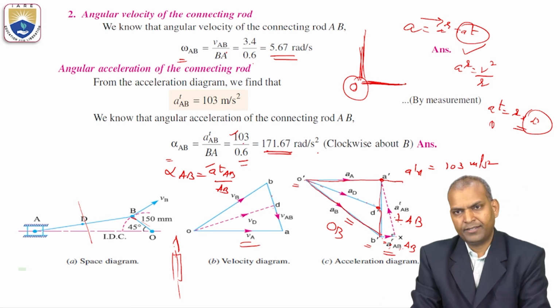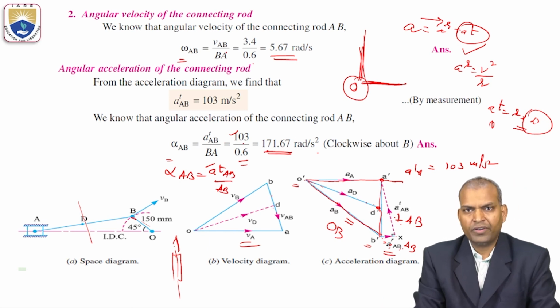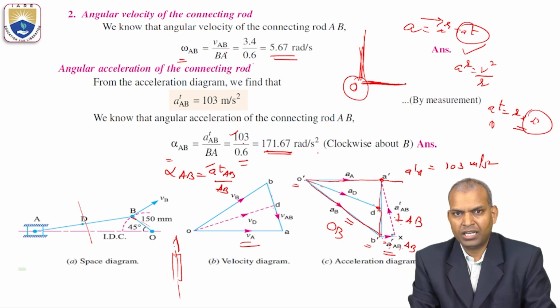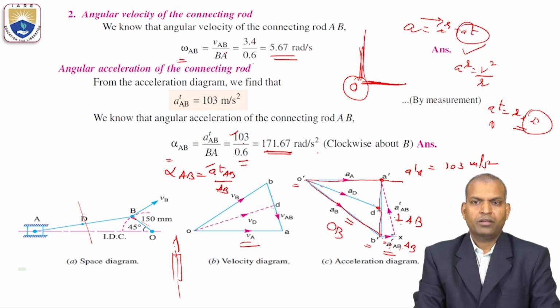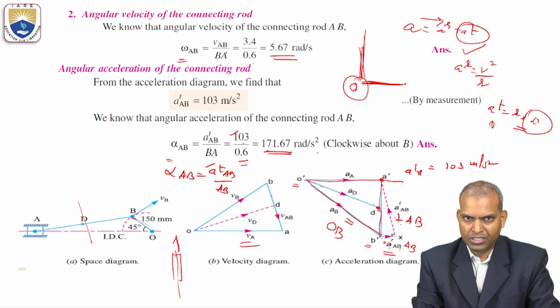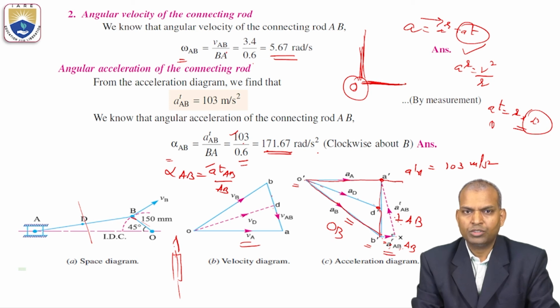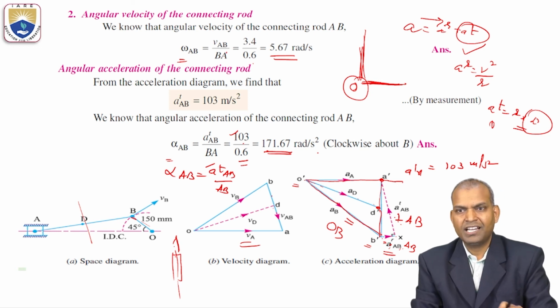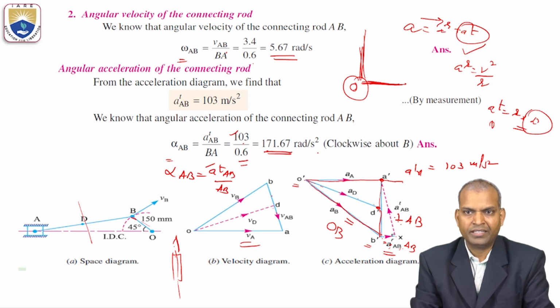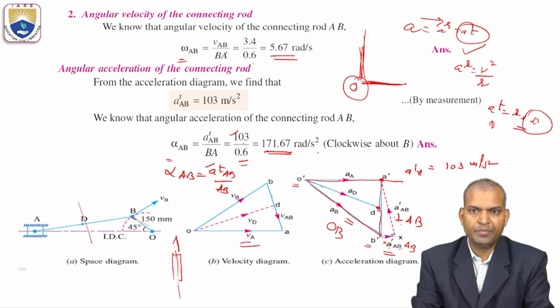Thus, we have to draw the velocity diagram, acceleration diagram and space diagram. One more thing, the final conclusion is that the velocity diagram is dependent on the space diagram, and the acceleration diagram is dependent on the velocity diagram.